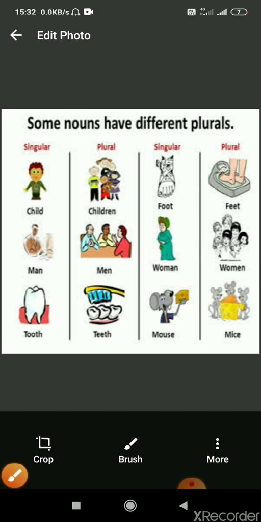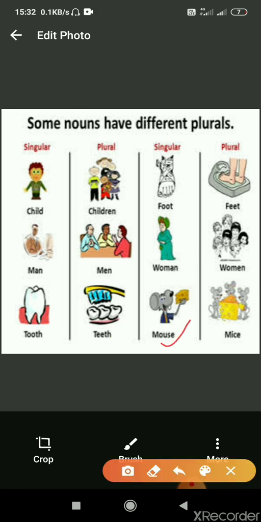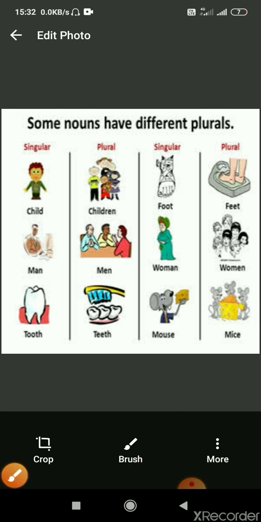Next word is mouse. M-O-U-S-E, mouse. And the plural form will be mice. M-I-C-E, mice. Here in these words we can see that we don't add s or es to the singular form. We have just new words for the plural form.